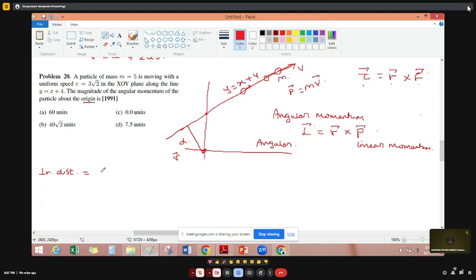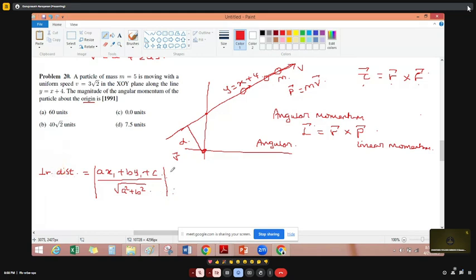It will be like a x1 plus b y1 plus c divided by square root of a square plus b square. Anybody remember this formula? Perpendicular distance between a line and a point.